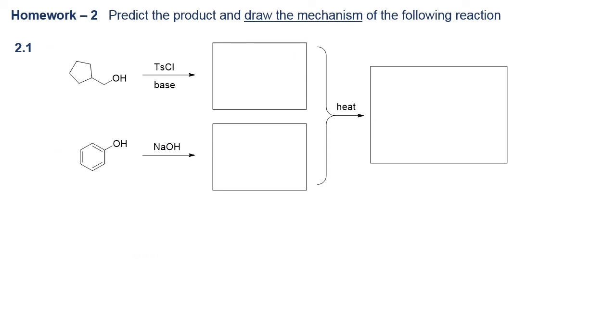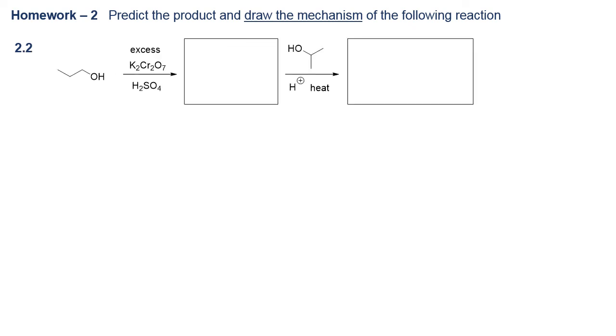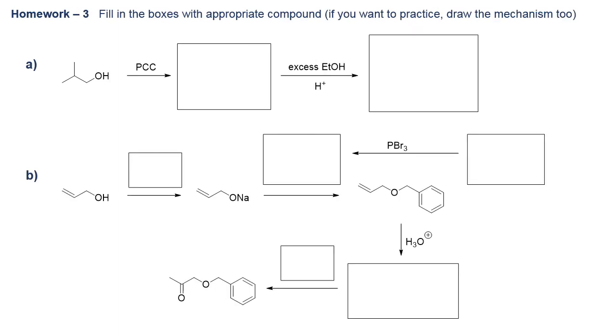Next, you are going to predict the product, and please draw the mechanism of each step for these reactions. In this case, please try to fill the boxes, and if you have time and you want to practice, you can try to draw the mechanism of each step as well.